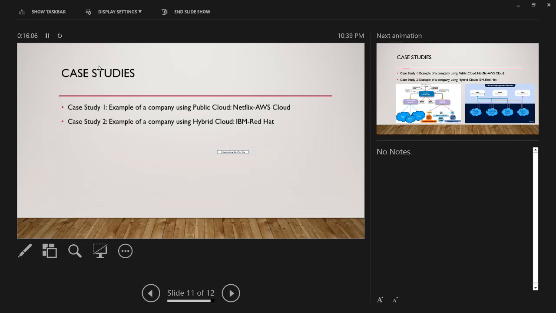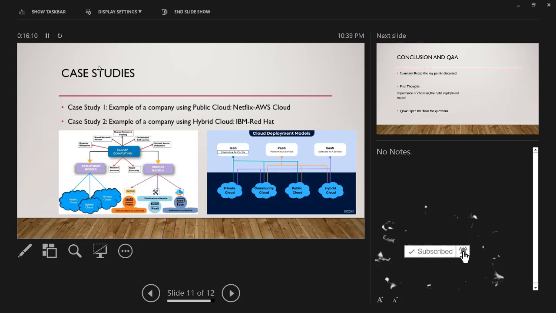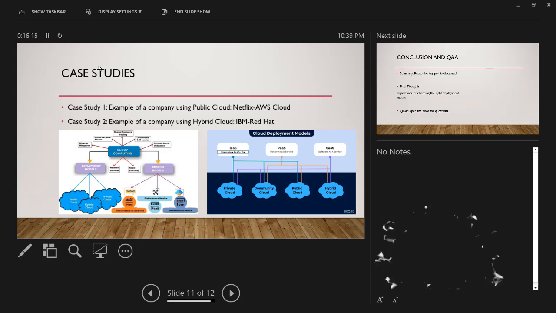So I'm going to give us a picture which depicts the cloud deployment models. So here we have public, hybrid cloud. These are the deployment models. Then we also have the service models, which are the IaaS, PaaS, and SaaS. But everything boils down to cloud computing, right?